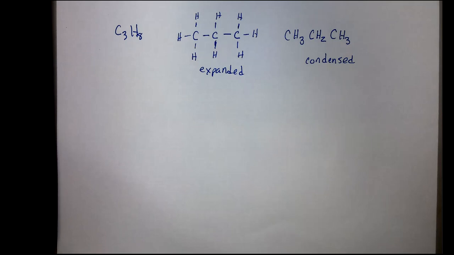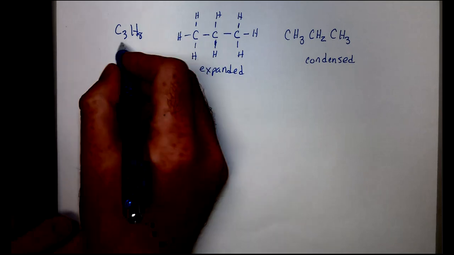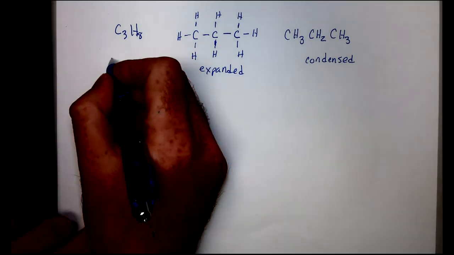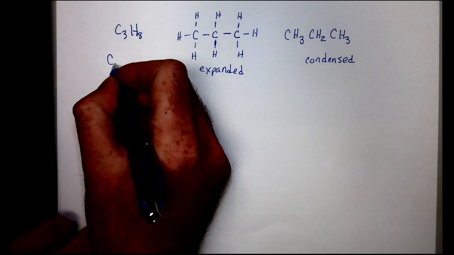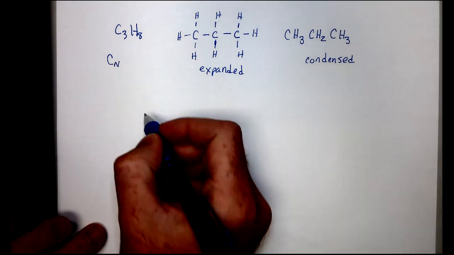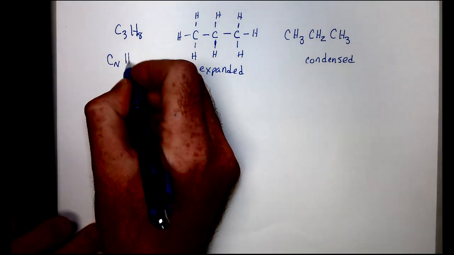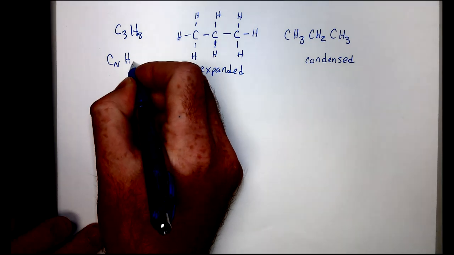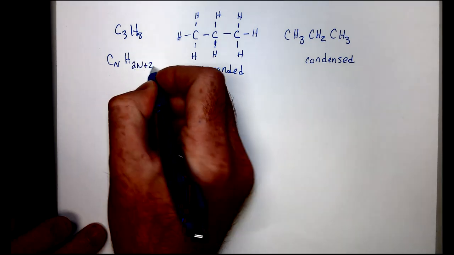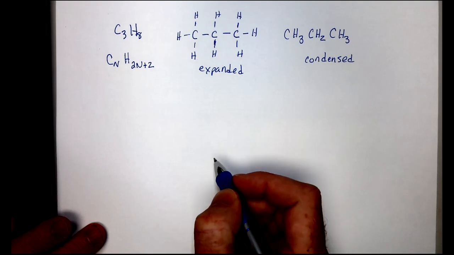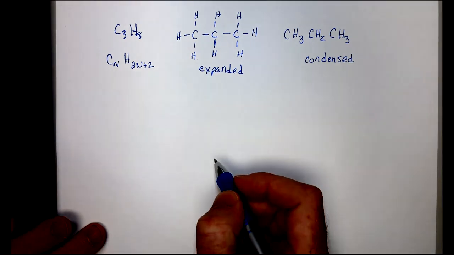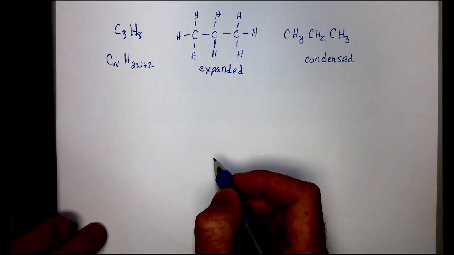Also notice the formula corresponds to where if N is the number of carbons, the number of hydrogens is 2N plus 2, and that's true of all normal straight chain alkanes. And so if you know the number of carbons, you can get the formula.